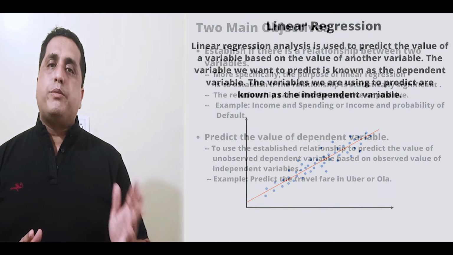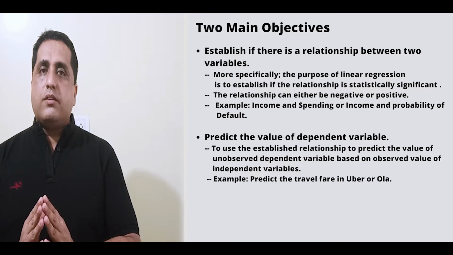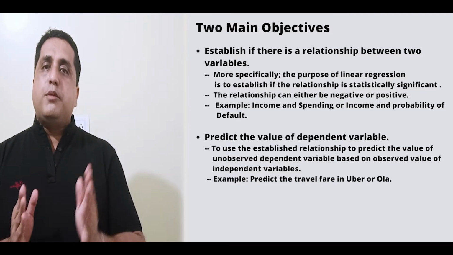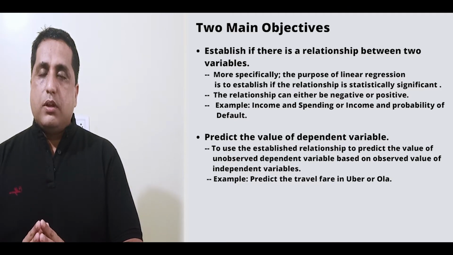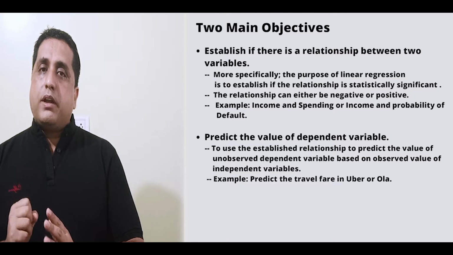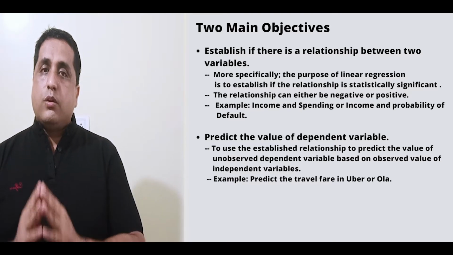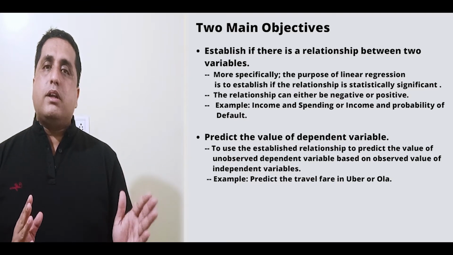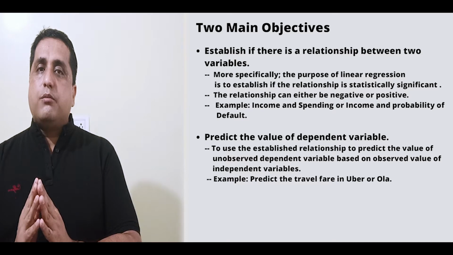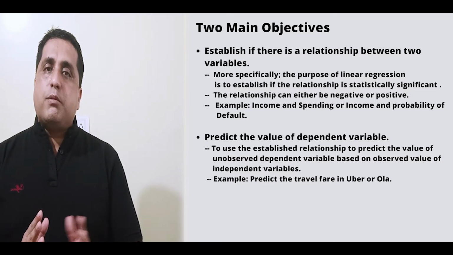Now moving on to the objectives of building a linear regression model. The first objective is to predict the relationship between independent and dependent variable. When we say that, establishing or predicting the relationship should be significant enough. Now that we test why we build a linear regression model, whether the relationship is significant between a dependent variable and independent variable or not.